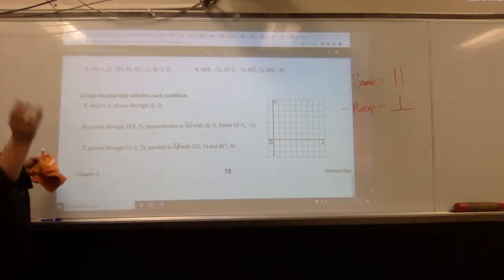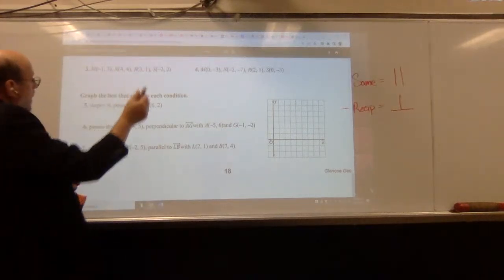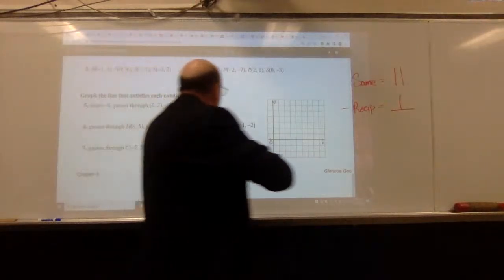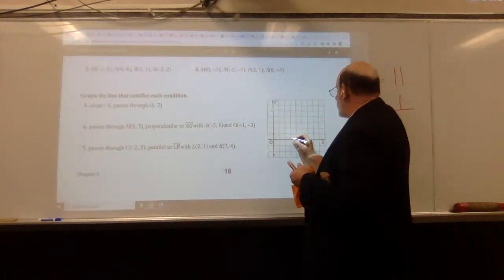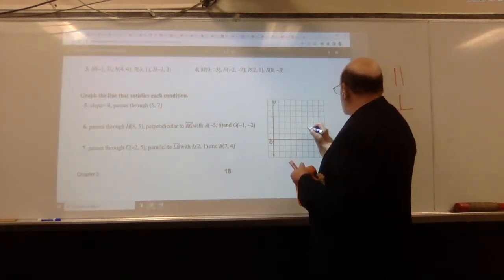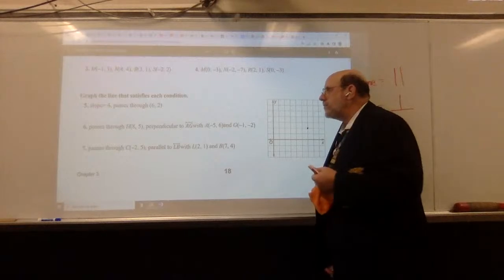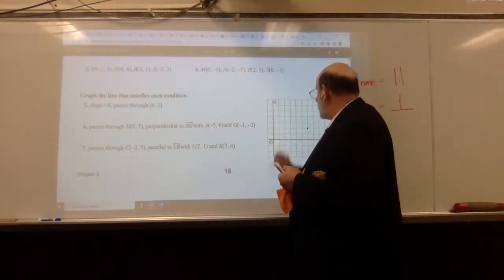And then we're just asked to graph, right? Graph the line that satisfies this condition. So we go over 6. 1, 2, 3, 4, 5, 6. I think that's 6 and up 2. We make a dot. We started at the origin.